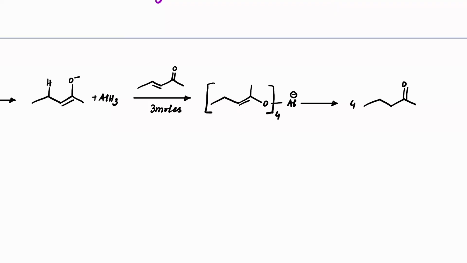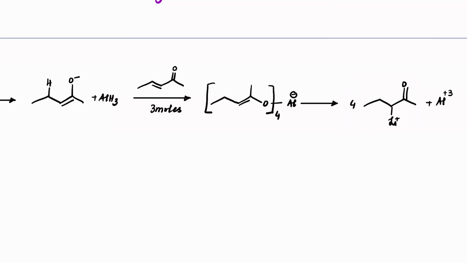And this minus will be covered by lithium plus, like this. So this is how you'll have 4 moles, and aluminium is like aluminium plus 3 present here.